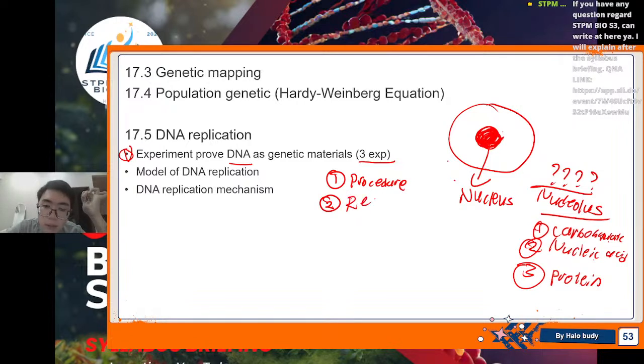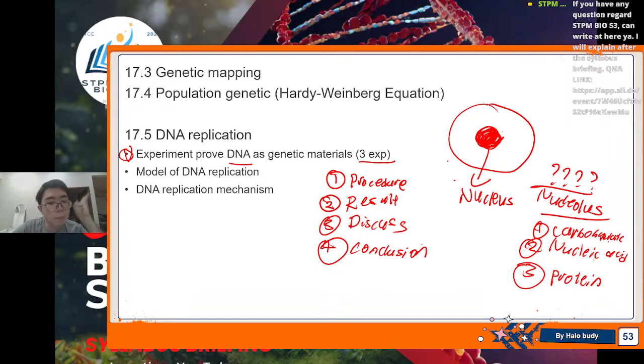What are the results? And then discussion, because this is an experiment, right? And then conclusion. You have to know these four. And also the first one you have to know is the scientist's name. You have to know the scientist's name.